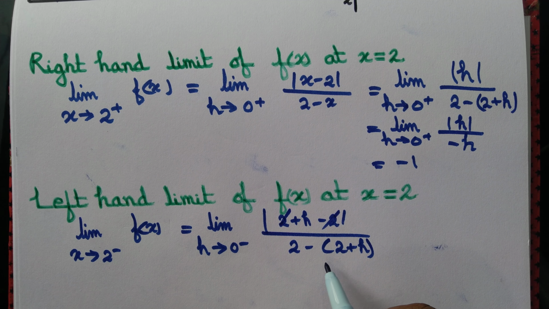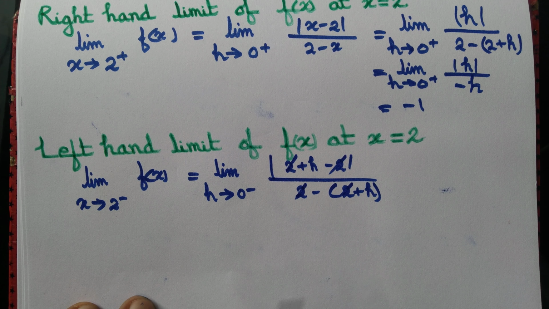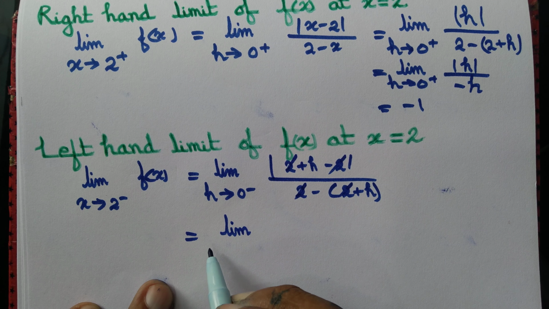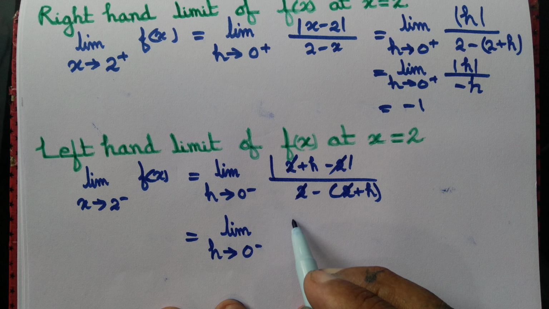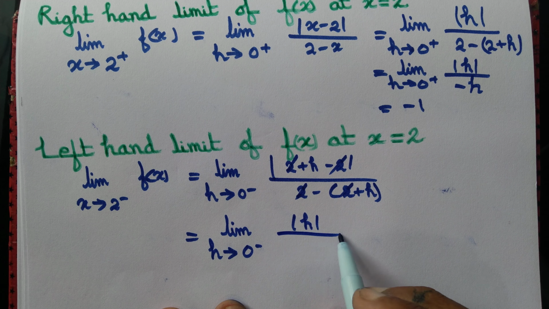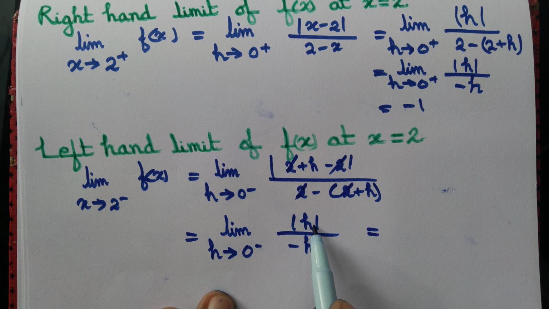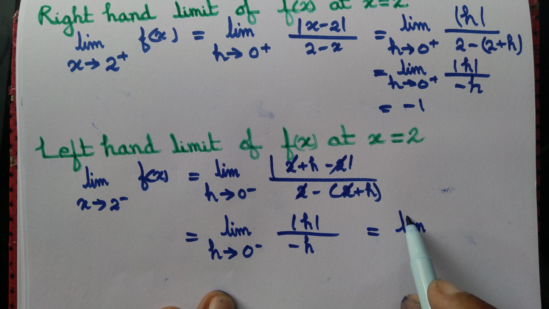2 and 2 get cancelled. So this limit is simply equal to limit h tends to 0, again, of mod of h by minus h. Remember, if h is less than 0, if h is negative, then mod of h is simply equal to minus h.